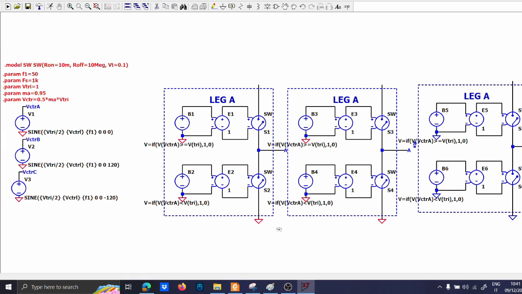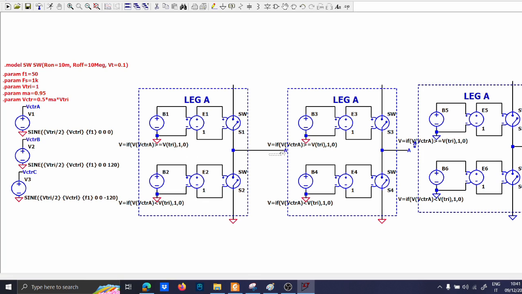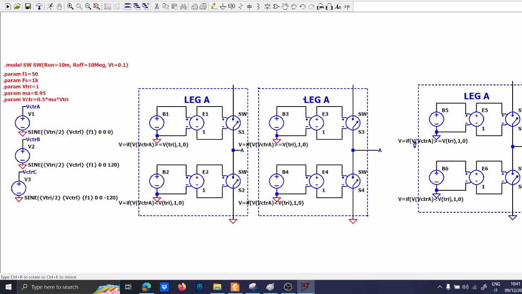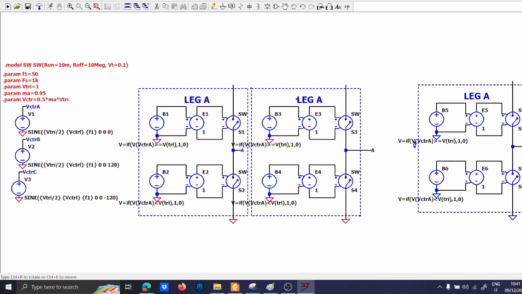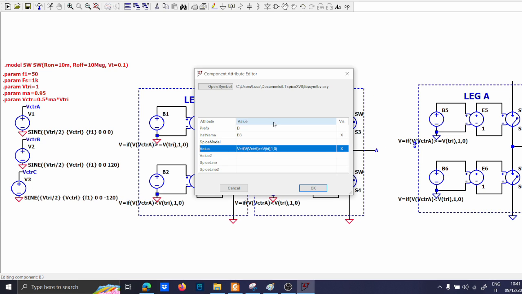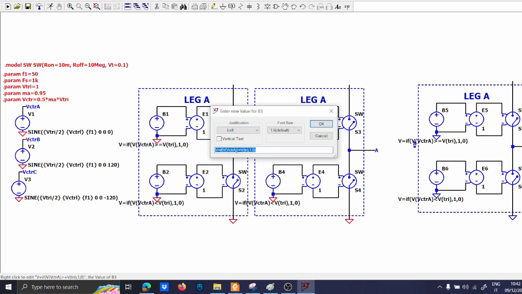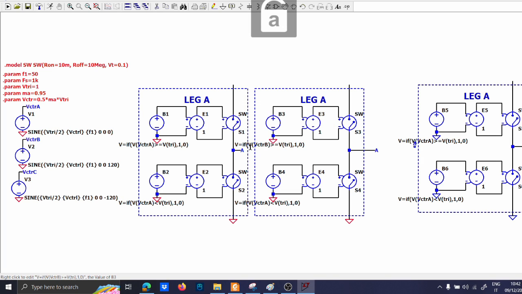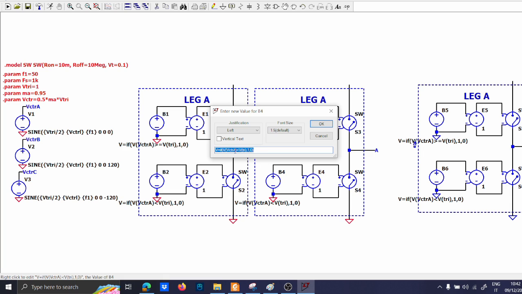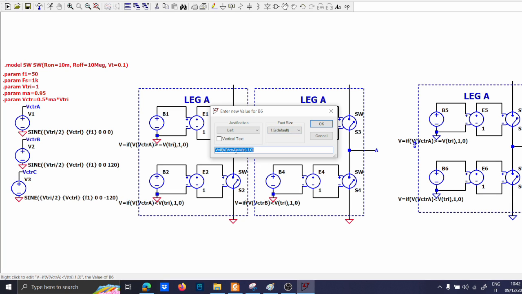Okay? And then you substitute it with B and C, and you get done. I think that there is no need to show this on the schematic, because it's literally the same for each one.